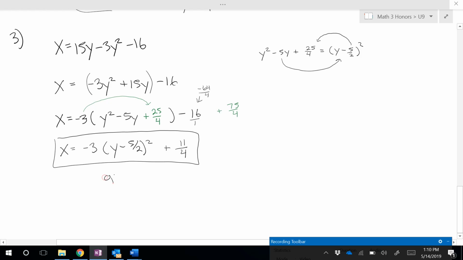Which way does it open? Starts with x equals, so left or right. A is negative, so the negative x direction would be left. What's my vertex? 11 over 4 and 5 over 2.